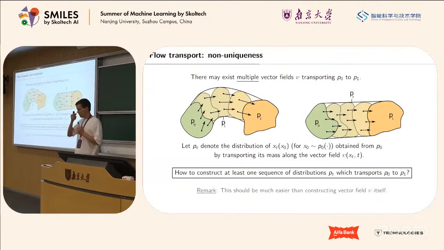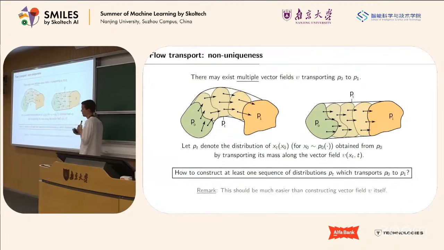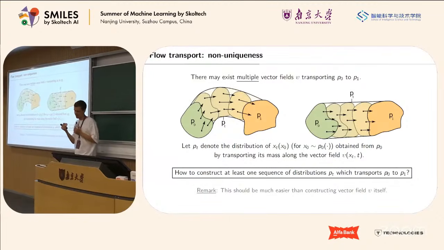First of all, what we should take into account? Suppose that we have found such a vector field which maps the input probability distribution to the target probability distribution. But in fact, there might exist several such vector fields which map one probability distribution to the other.